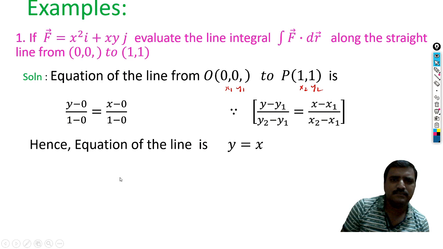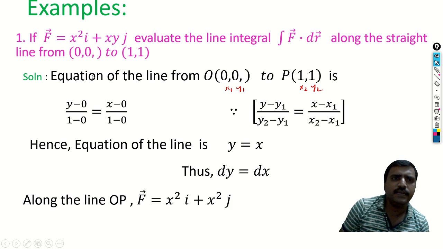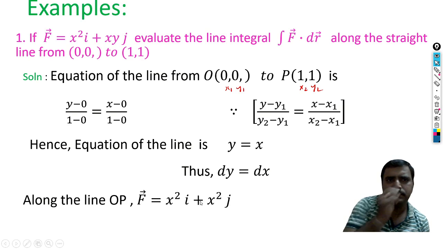So the curve is y is equal to x. Taking its differentiation, dy is equal to dx. From this we can write F completely in terms of x. You can also change everything with respect to y, so there is no difference.